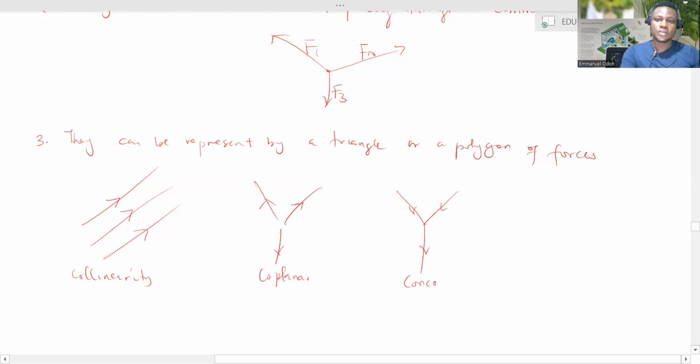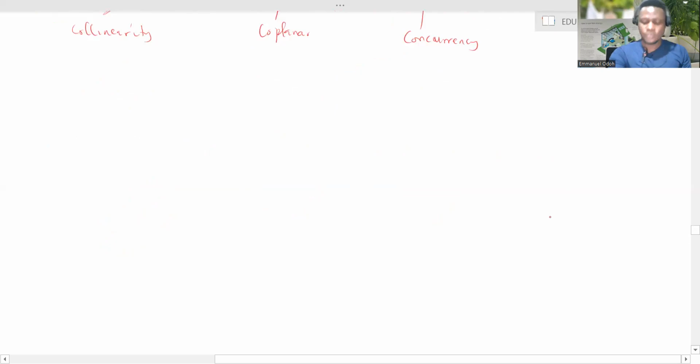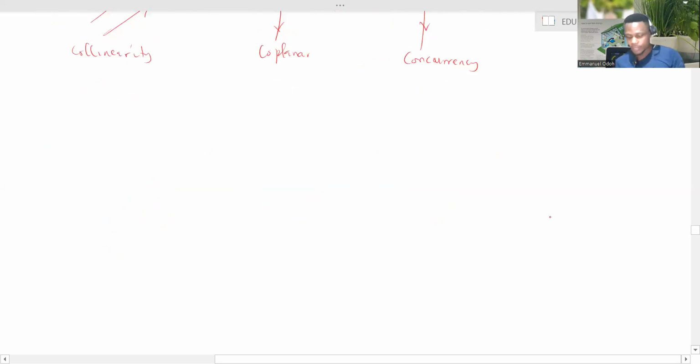So what is concurrence? So this is all that has been explained in the diagram. Very, very important. We'll get to use this to solve problems.